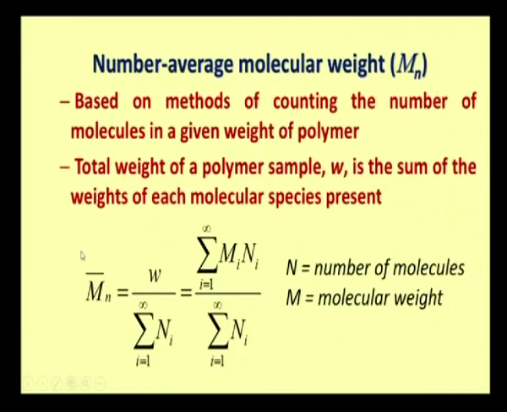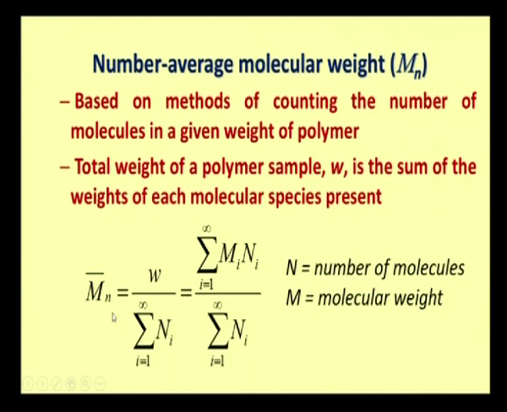Then the total mass of the polymer sample available for the calculation is given by the molecular weight multiplied by the individual number of molecules available. If you add up all the molecular chains with their own molecular weights, that is the total weight of the polymer. Hence, a very simple and basic formula is used to determine Mn bar, the number average molecular weight.